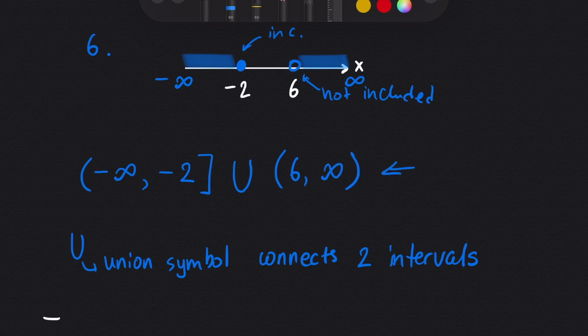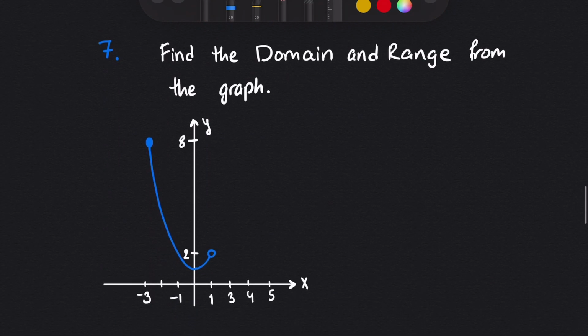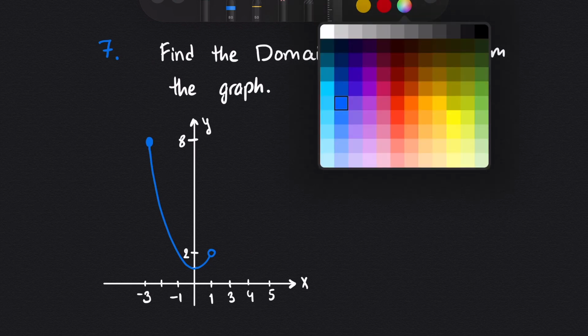Example number 7. Find the domain and range from our graph. So we have our function here that looks like a weird parabola. Let me show you the y values with a different color.